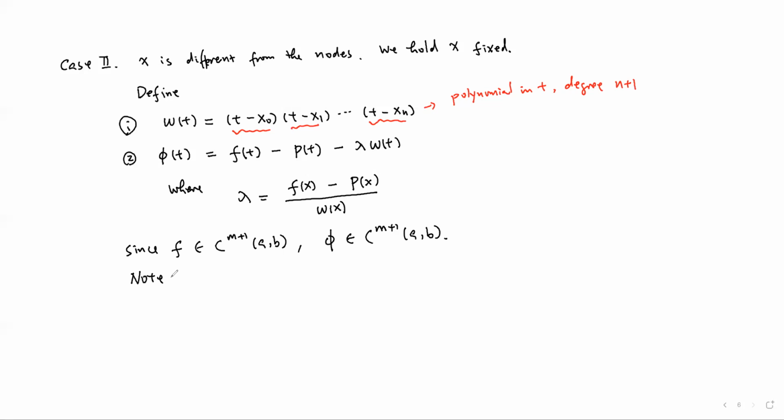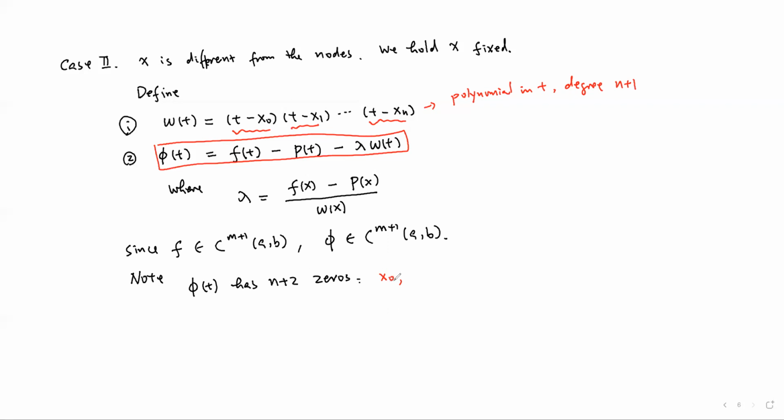Note that this function phi has n plus 2 zeros. x0 is a zero. When you plug in x0 for t, you will see that the value of phi is 0.